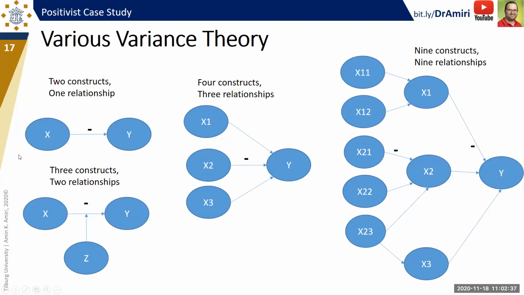You can just have two constructs with one relationship, 3 constructs with 2 relationships, 4 constructs, 3 relationships. I have 9 constructs and 9 relationships. So there are different numbers of constructs and relationships in a variance theory. It's based on the logical reasoning that you provide for those relationships.